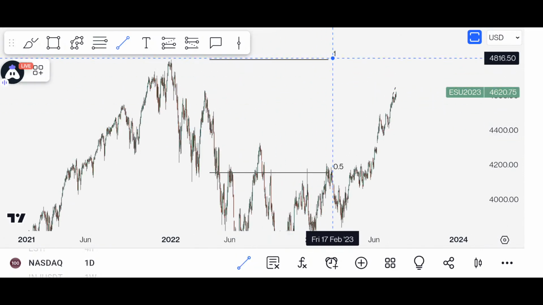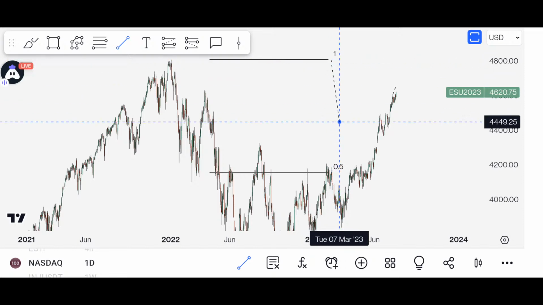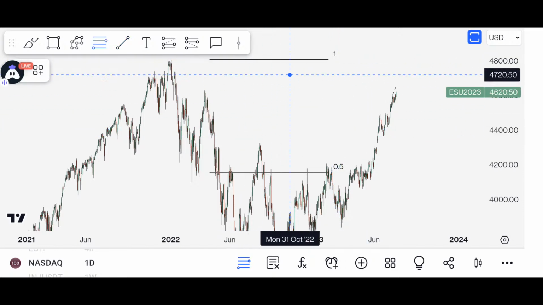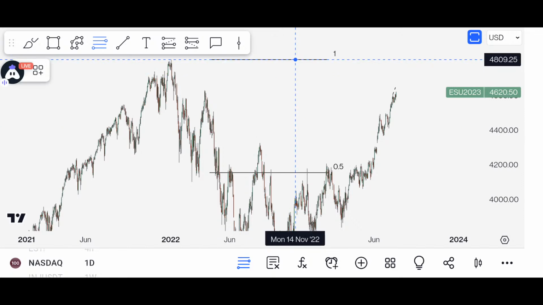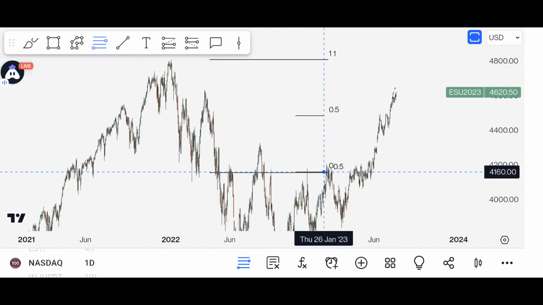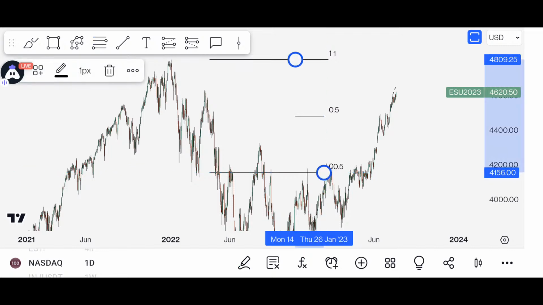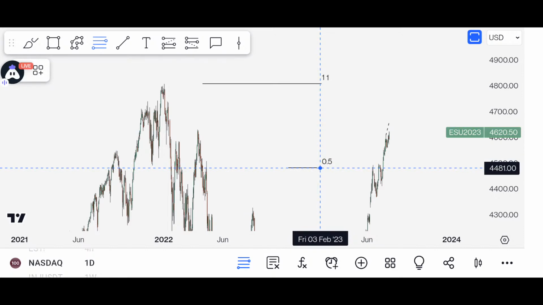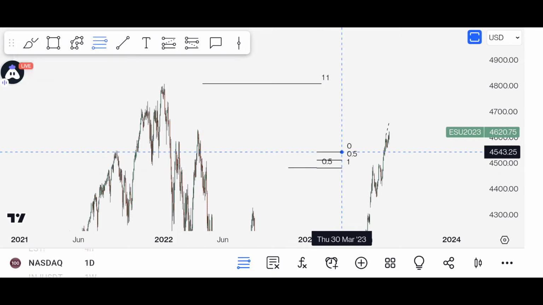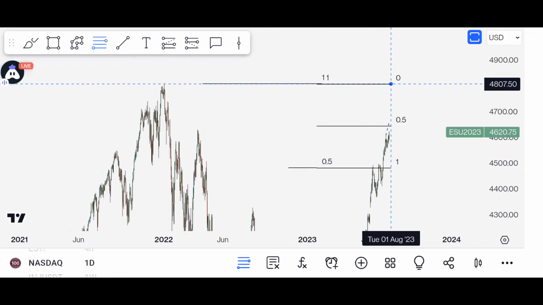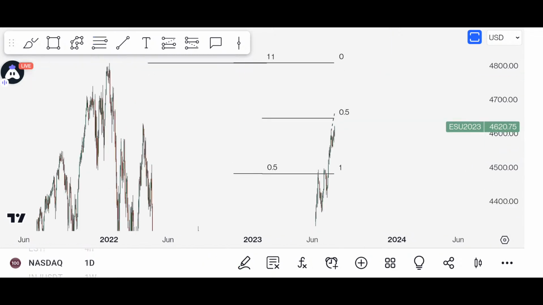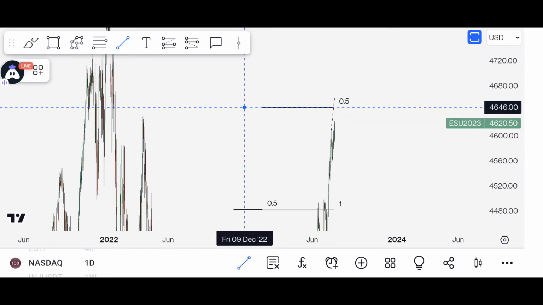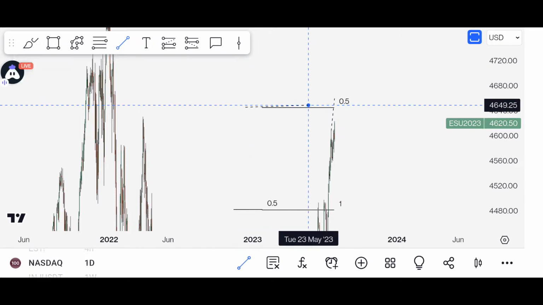Now this is the premium. Now we will draw this in the premium. Now this one is precise. So that's your level, that's your level to look at.